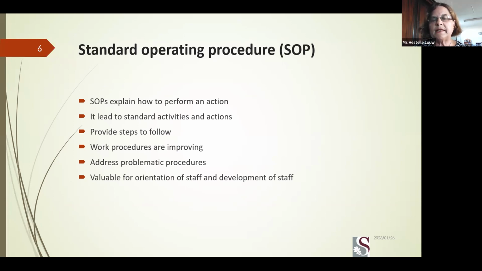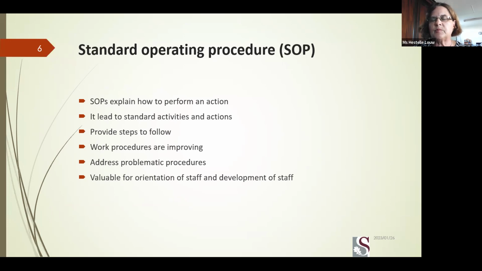Then address problematic procedures. If you have very difficult procedures that they have to carry out, and I'm thinking specifically of the ICUs or maternity or specific areas where it's not straightforward, then you have to formulate a SOP that addresses that specific problem with a procedure.